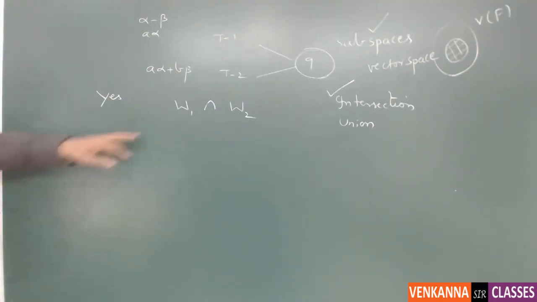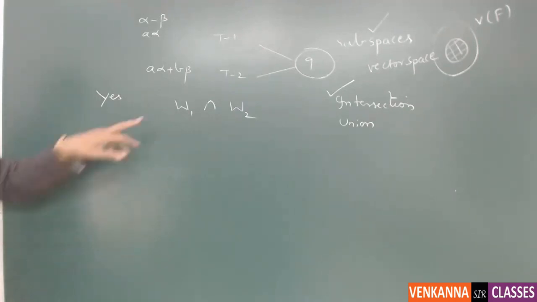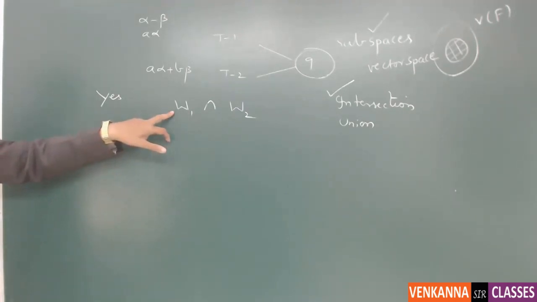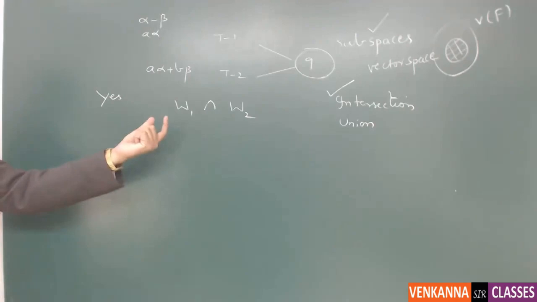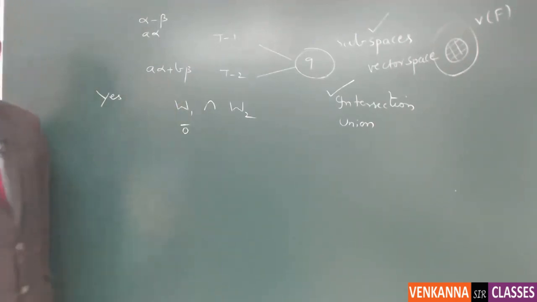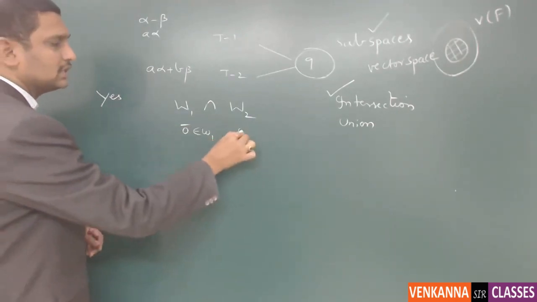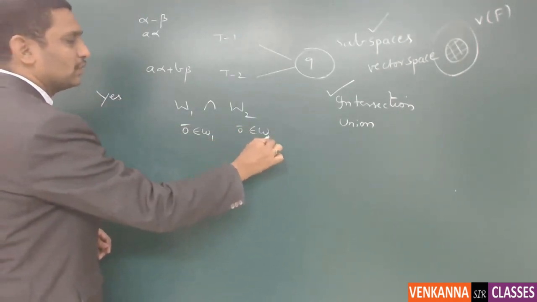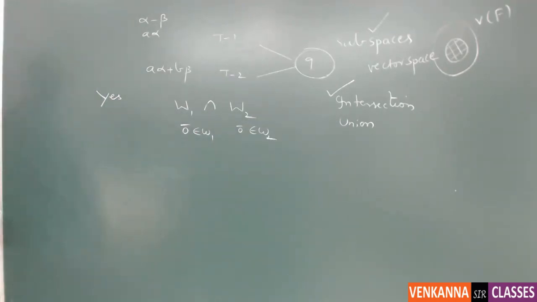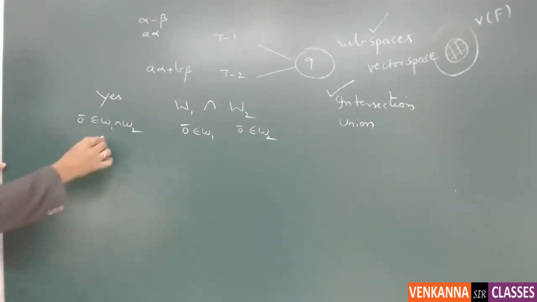So intersection is nothing but the common part for the 2 sets. Since every subspace contains the 0 vector, that is default, we can say 0 vector belongs to W1 and 0 vector belongs to W2. Hence 0 vector belongs to the intersection. So the intersection is always a non-empty set.